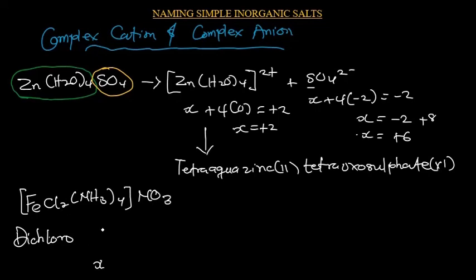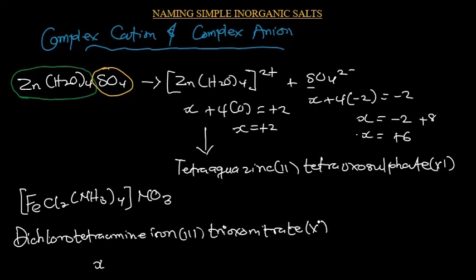Okay, dichloro tetraamine iron. If you calculate the oxidation state, you get iron 3, and then the anion is trioxonitrate. Oxidation state of nitrate is 5, so trioxonitrate 5.